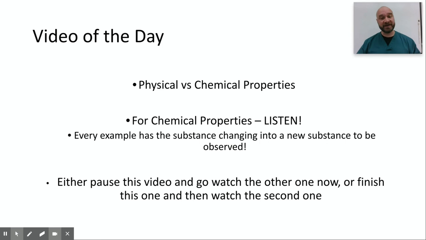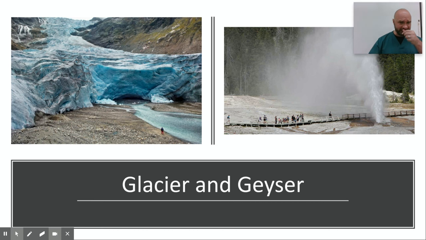When you get to the second half about chemical properties, every example has the substance changing into a new and different substance that wasn't there before. These are properties that can't be observed until you change the original substance into something new. Now, you can either pause this video and go watch that right now, or you can finish this video and then watch it later. But just make sure you watch that video at some point in time before you answer the 5 questions today.